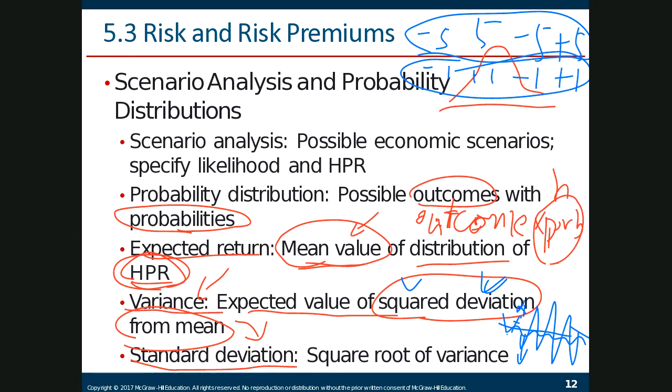So you have to square them, and that's when you are actually paying attention to how far it deviates instead of paying attention to whether it is going positive or negative, or the direction of the deviation.